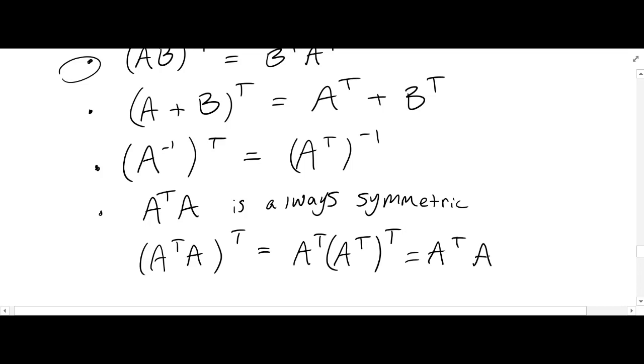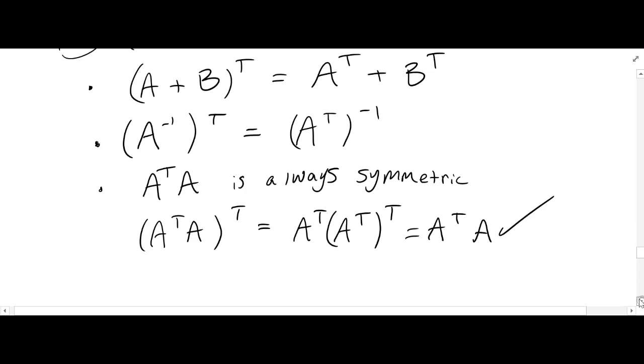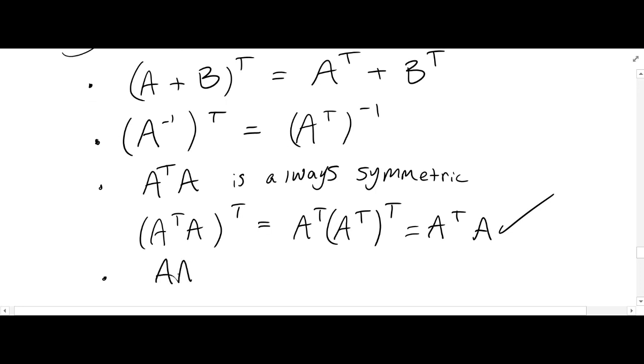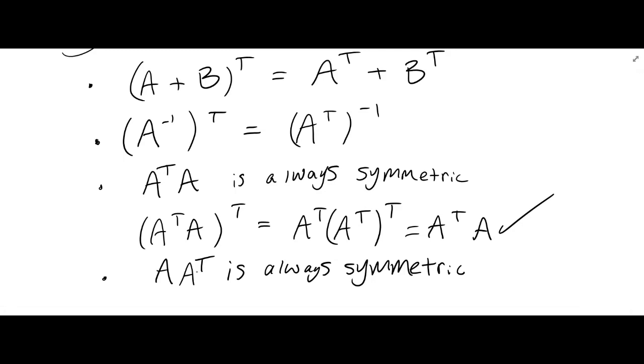So this is A transpose A, so it's symmetric. For the same reason, A times A transpose is also symmetric. So these two matrices are always symmetric. So here are some properties of symmetric matrices and transpose.